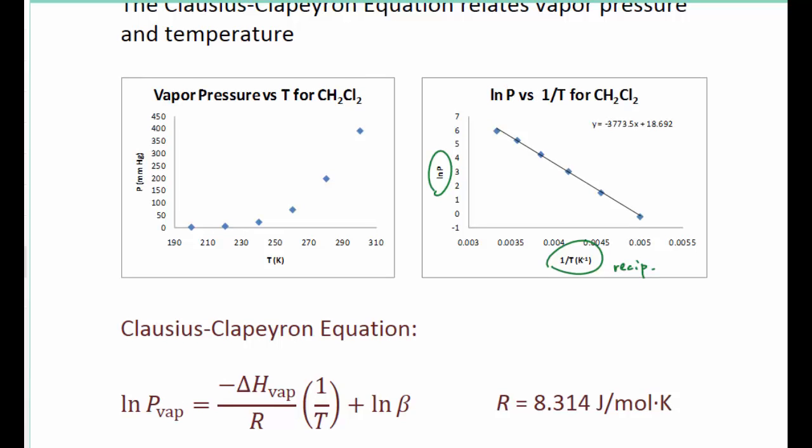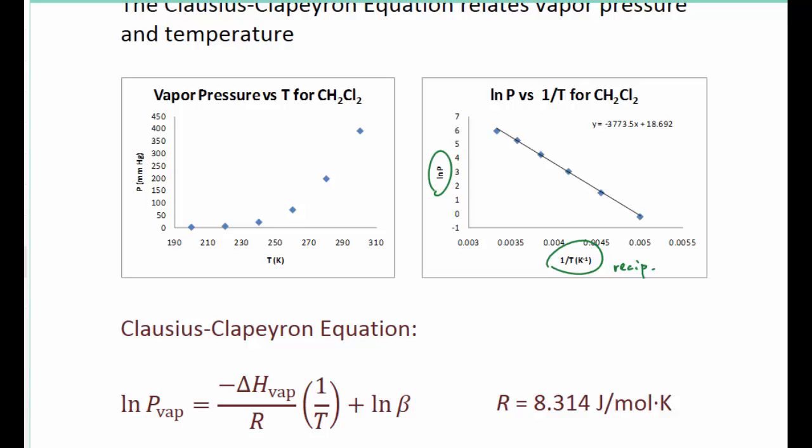Where it may seem like this kind of equation is complicated and has lots of letters, the place that this equation directly came from was the fact that a graph of natural log of pressure versus 1 over temperature is linear.